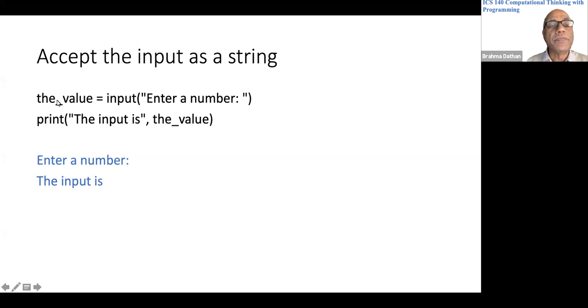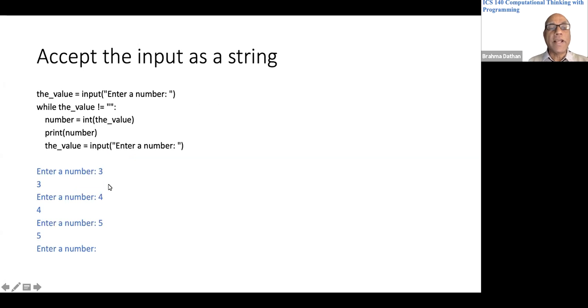And this is a string. What Python will do is it will have the empty string in this variable. So when I print this, I get whatever is typed in by the user. And if I don't type in anything, as in this execution, there is nothing printed.